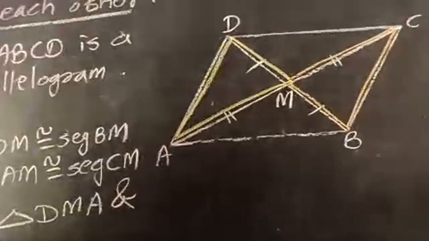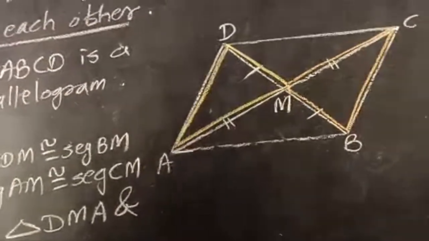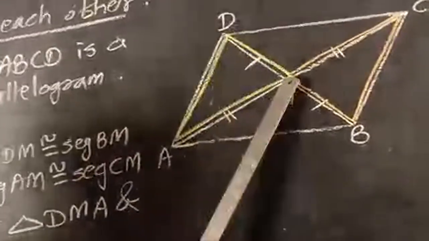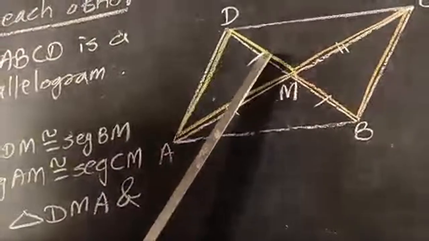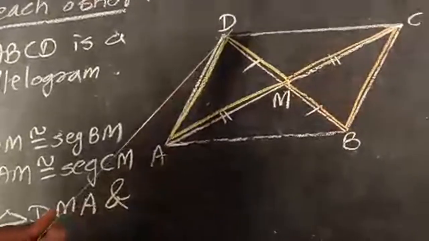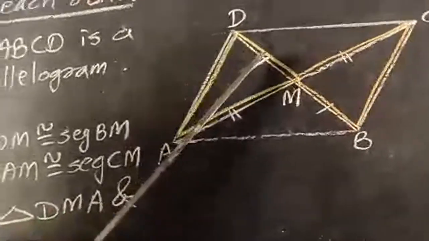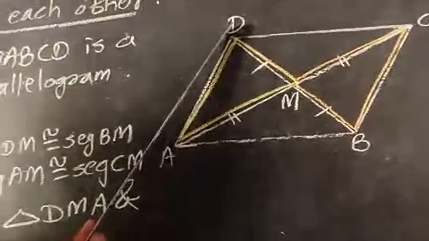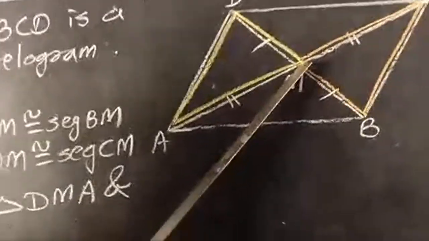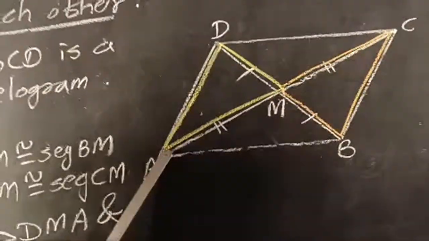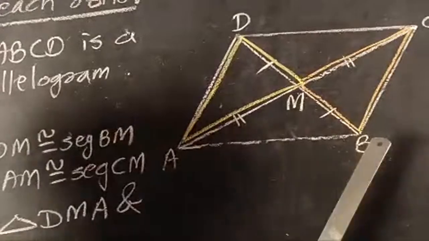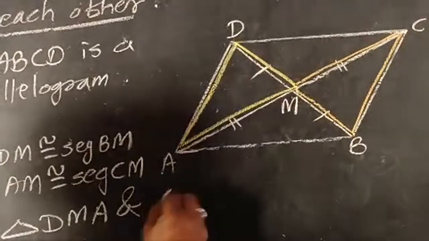But one correspondence name is wrong. For DMA, start from D, single sign one end, then the point of intersection M, then A. And here triangle BMC is the correct name.